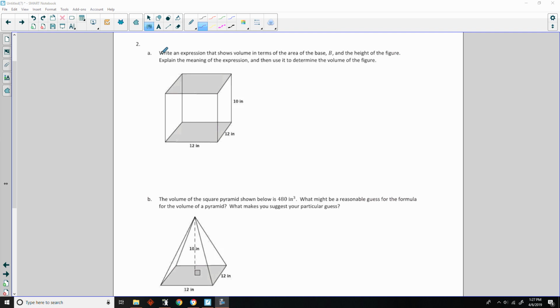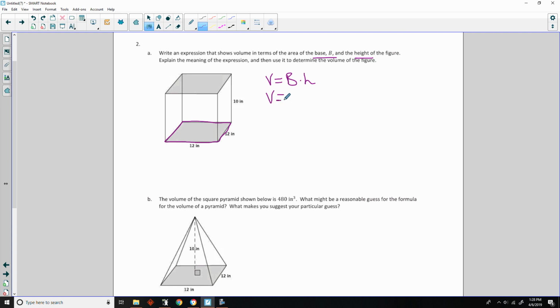Number 2, A. Write an expression that shows the volume in terms of the area base, B, and height of the figure. Well, the base, in this case, is 12 by 12, so it is a square. Okay, so its volume equals the base area times the height.